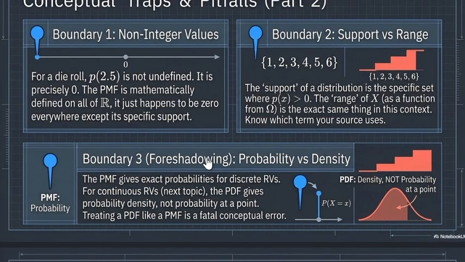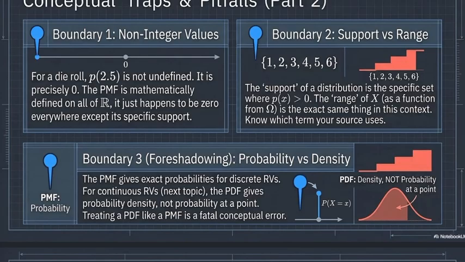Remember it. Then the PMF at a non-integer value: for the die, the probability at x equals 2.5 is 0, it's not undefined, okay? Just 0. The PMF is defined on all of the real values, so it just happens to be 0 everywhere except the support values.